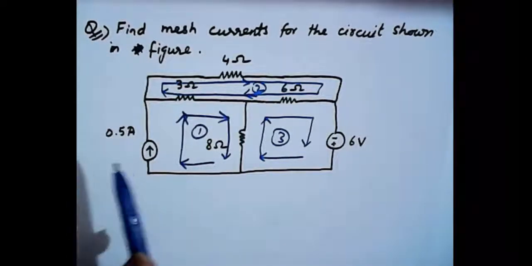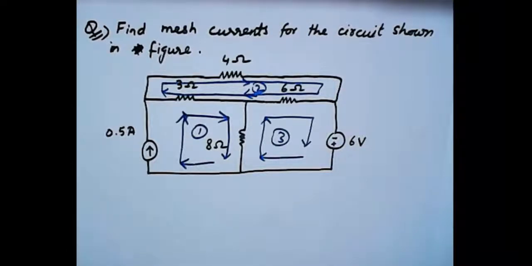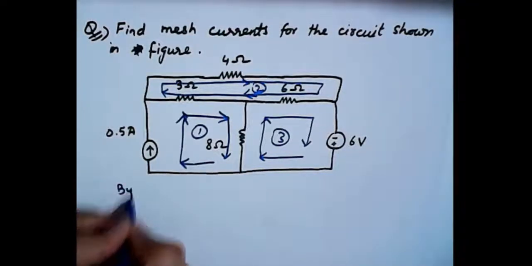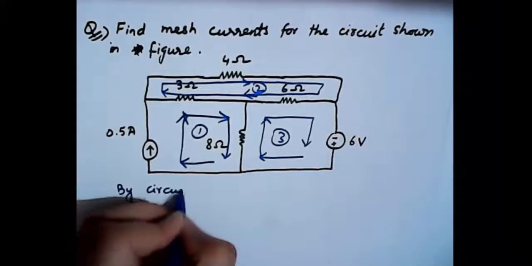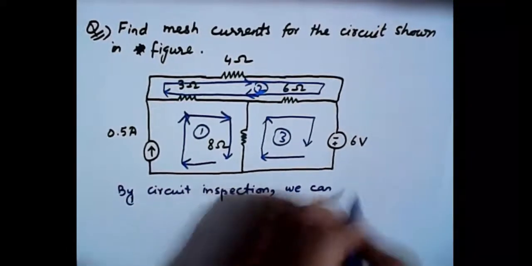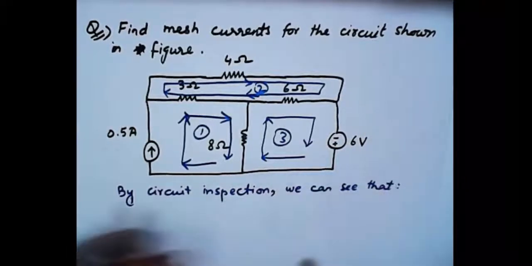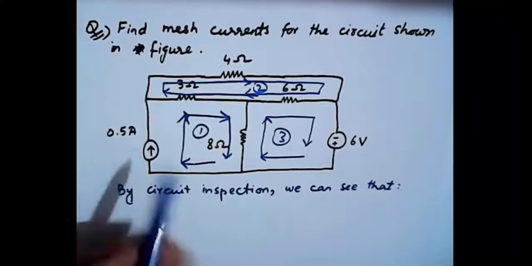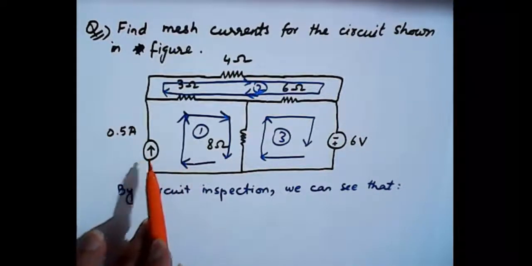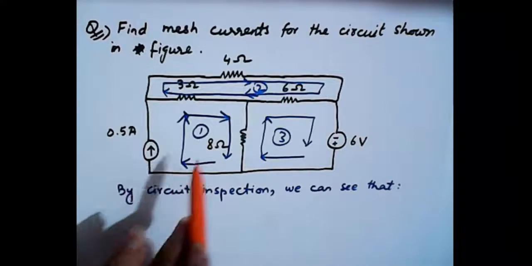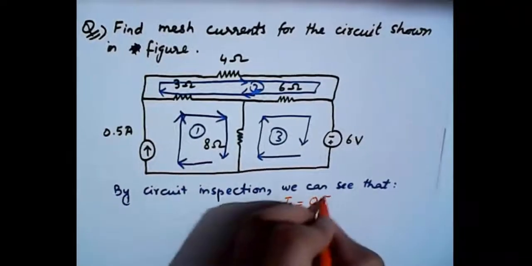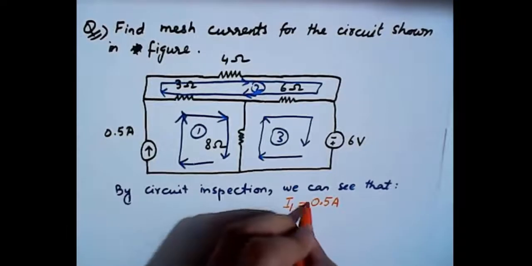And since this is a part of only a single loop, as we have already discussed, straight away you can write by circuit inspection that here the mesh current becomes equal to the source current whenever a current source is part of a single mesh, and you can see that they are also in the same direction, so it will be plus 0.5 amperes.